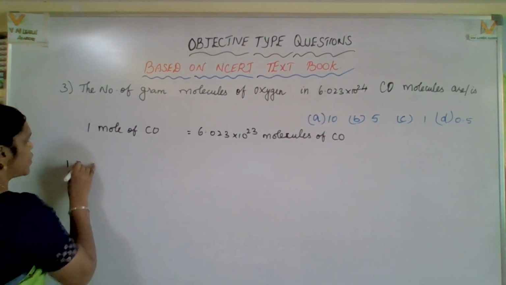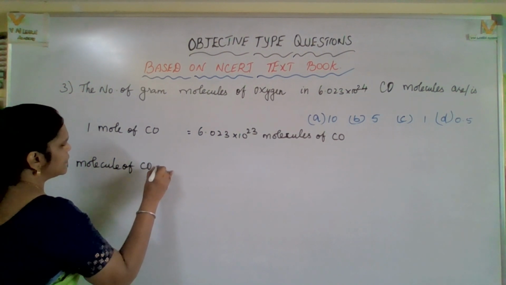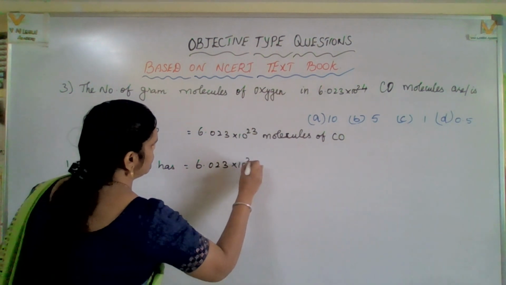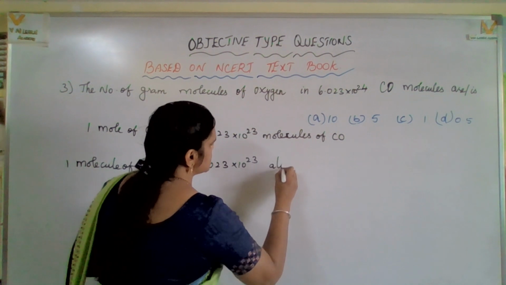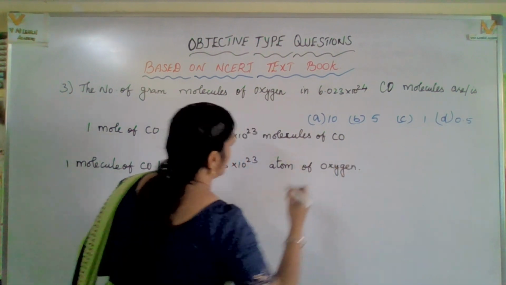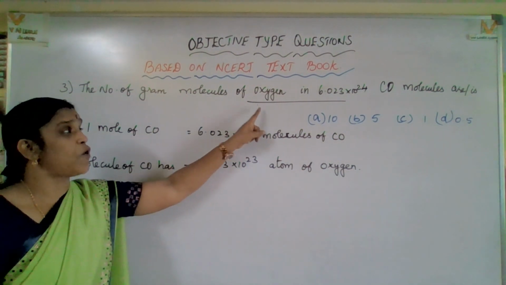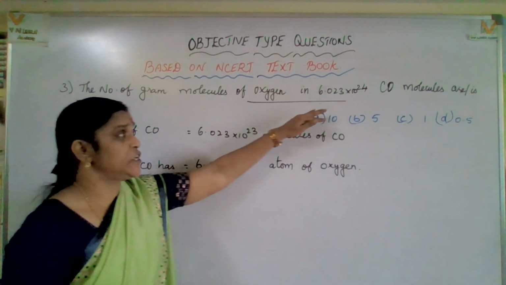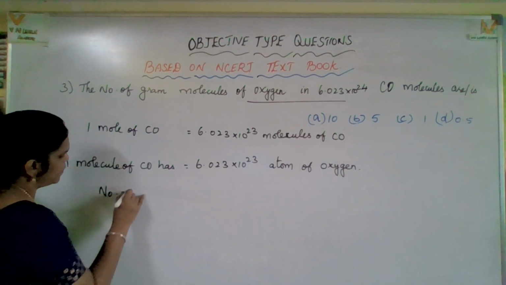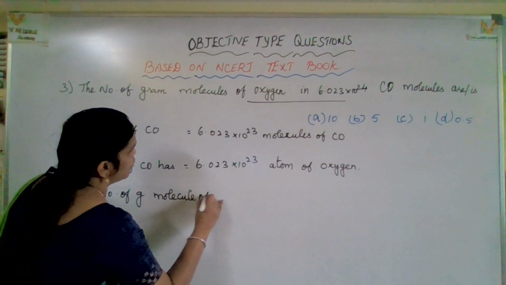One molecule of carbon monoxide has one atom of oxygen, right? Now in this question they mentioned the number of gram molecules of oxygen in 6.023 into 10 to the power of 24. So that means the number of gram molecules of oxygen.